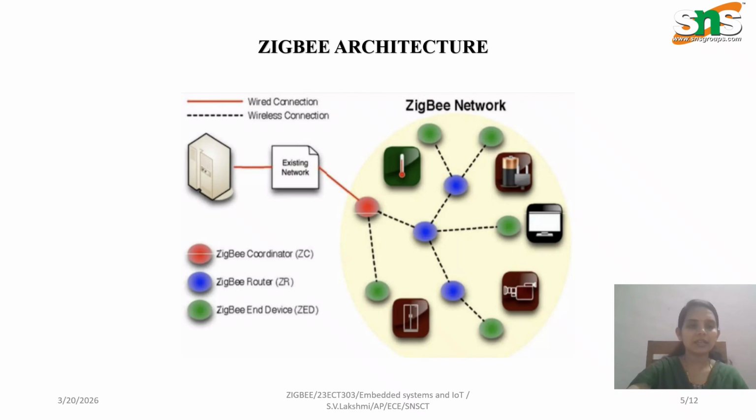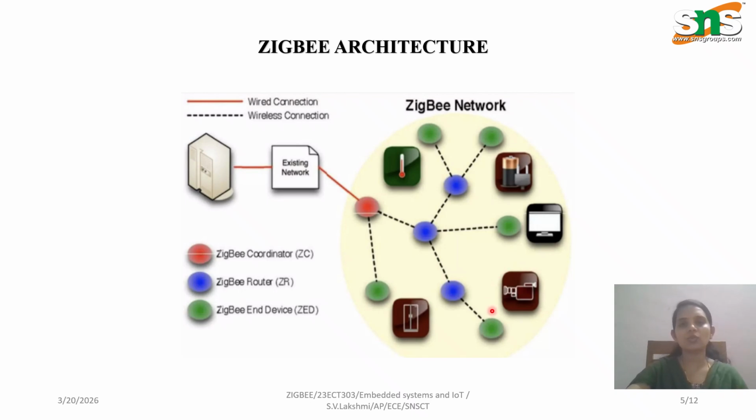Here we could see the red one is the ZigBee coordinator which controls the network, this is the router which forwards the data between the devices, and this is the end device which performs sensing or activating tasks.